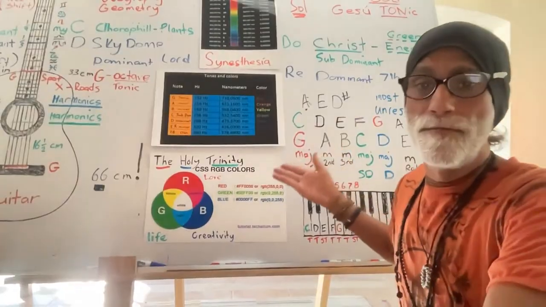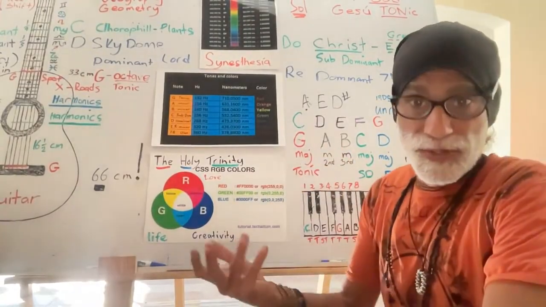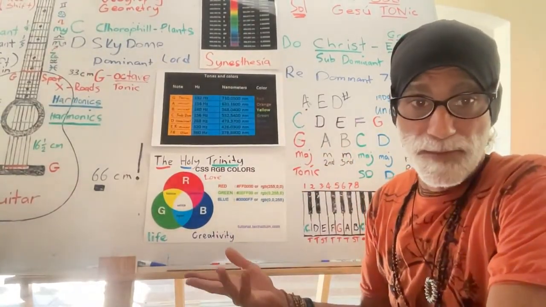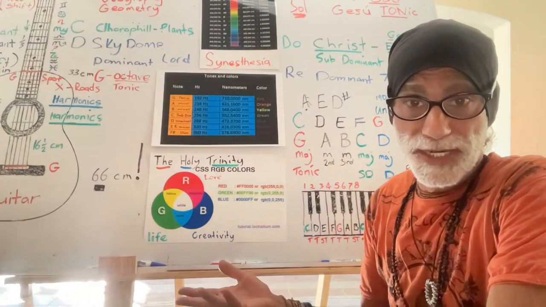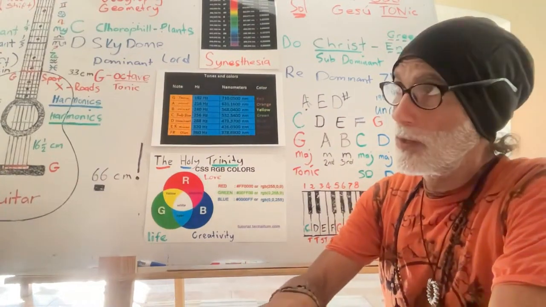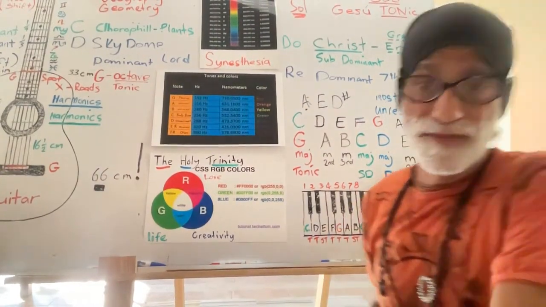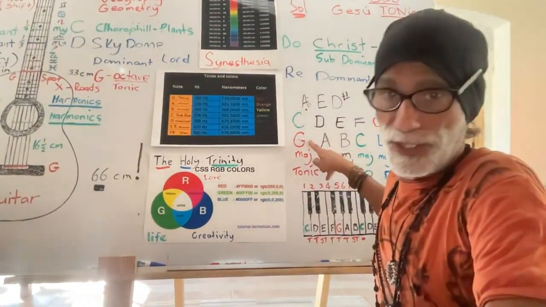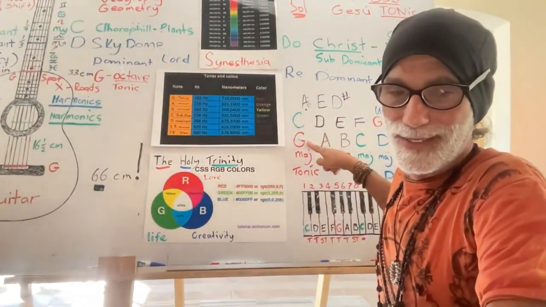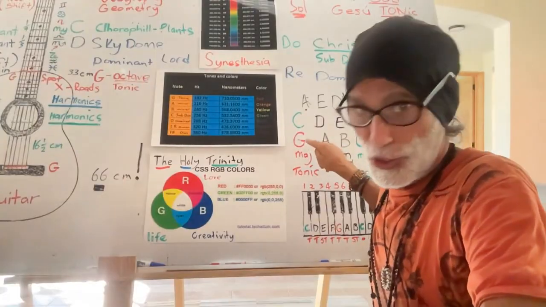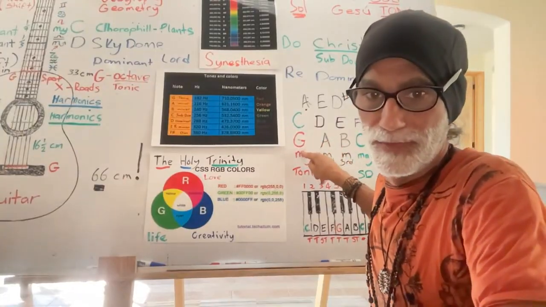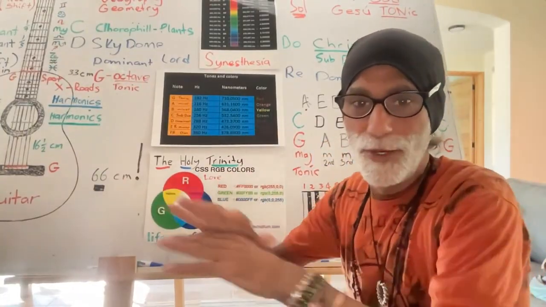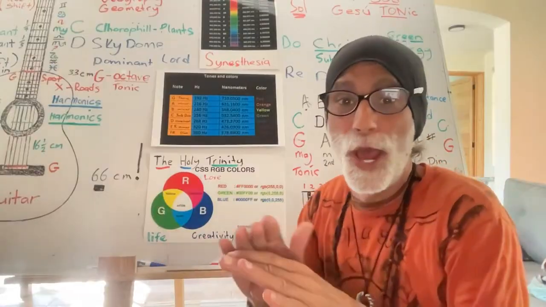And having played the guitar for the better part of 6 decades now, oh yeah, I've been playing for 6 decades, I know that it's absolutely a G-based instrument. In any way you look at it, there's no argument.